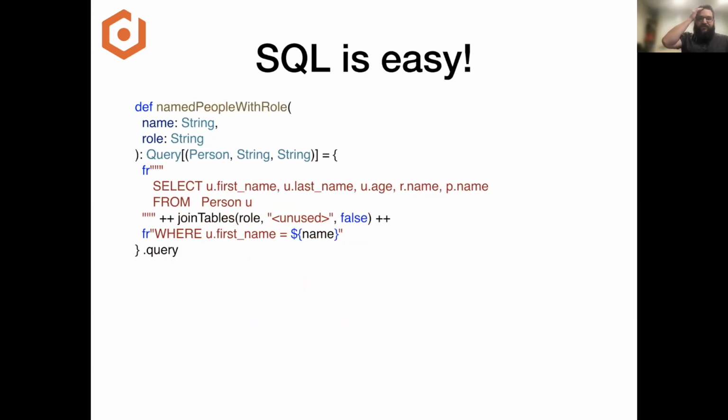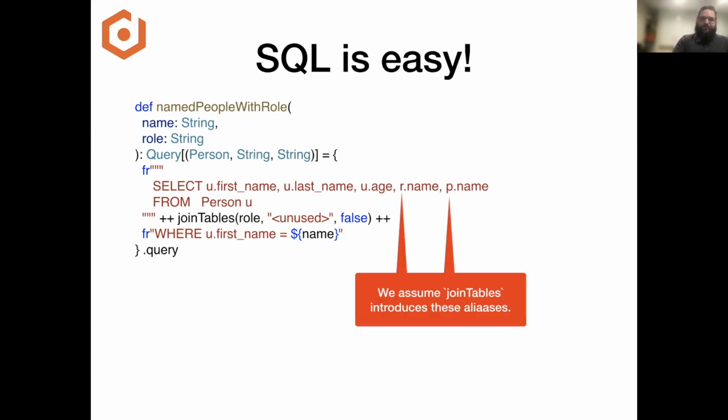So, okay, fine. That's how we compose our SQL. And JDBC has exactly the same issues. This is very, very, very easy to get wrong the second that you have any kind of real complexity in your SQL.